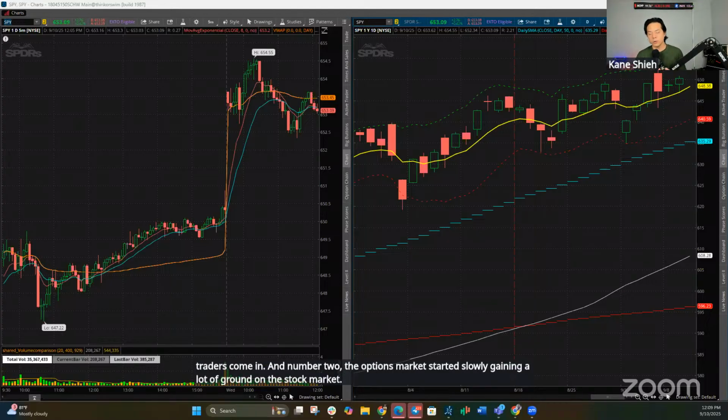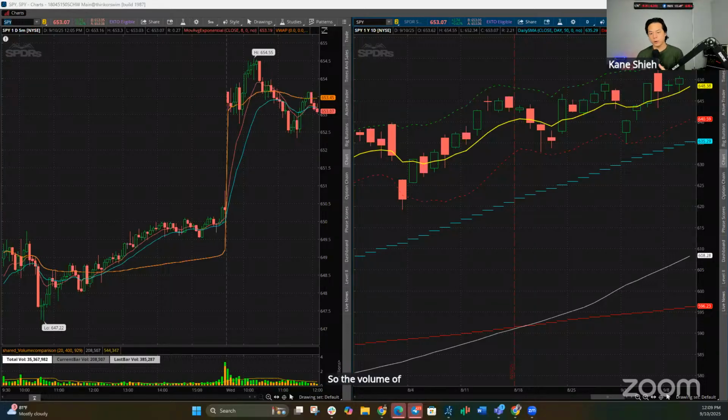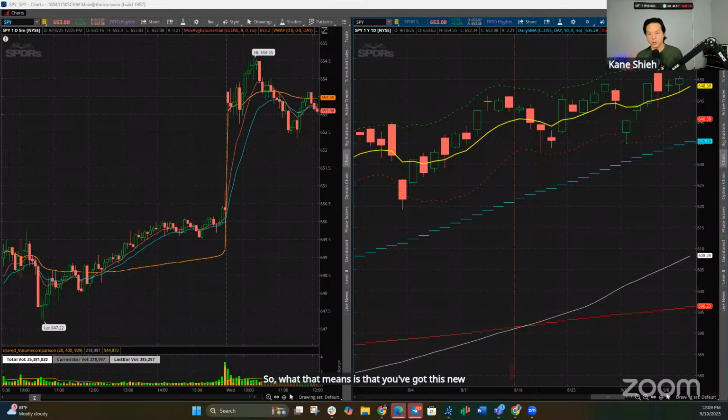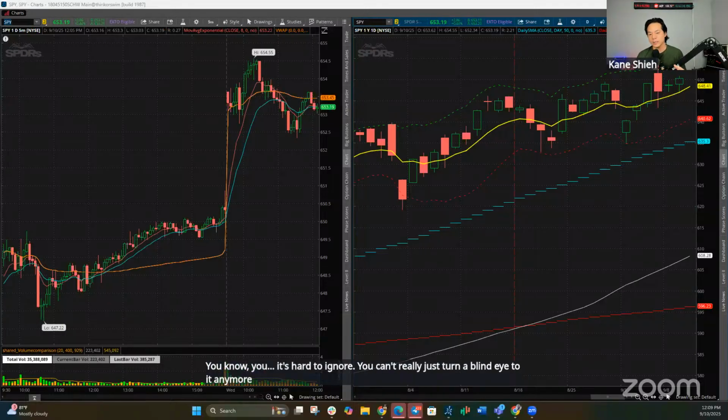The volume of shares controlled by options is now about 40% of the entire daily volume, which is huge. It was nowhere near that before COVID. So you've got this new force inside the markets that is hard to ignore. You can't turn a blind eye to it anymore. The options market is now having a huge influence on the stock markets.